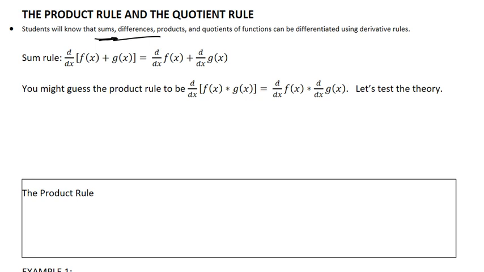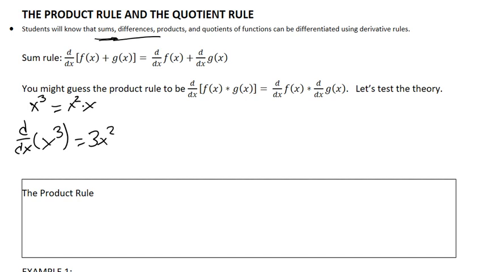So then you might guess that the product rule would be that the derivative of a product equals the product of the derivatives. Let's test that. We know that x cubed equals x squared times x. We also know that the derivative of x cubed equals 3x squared.